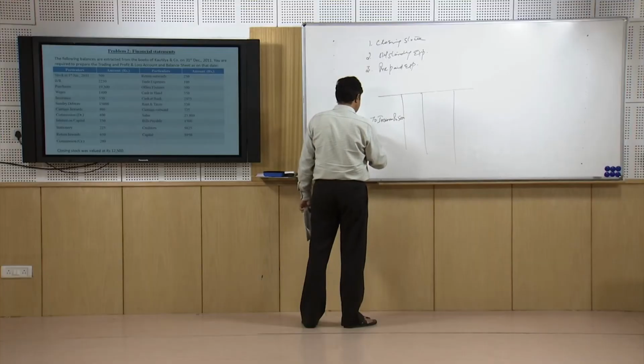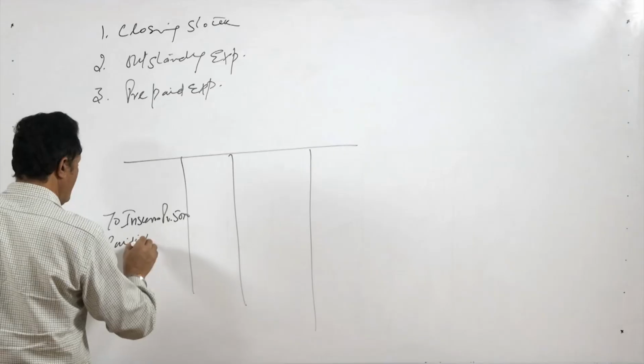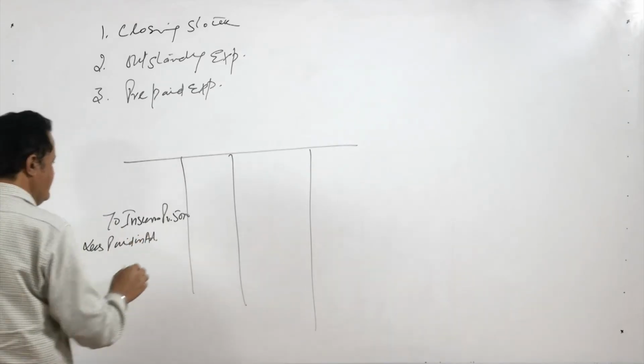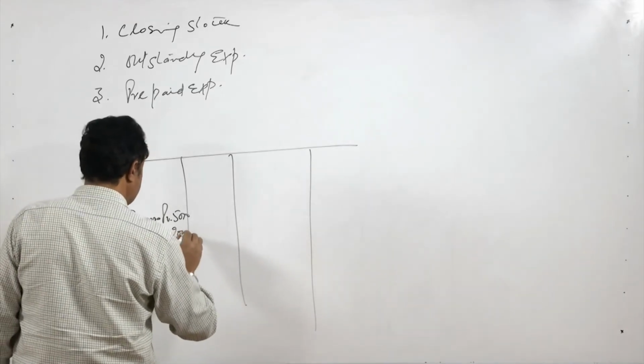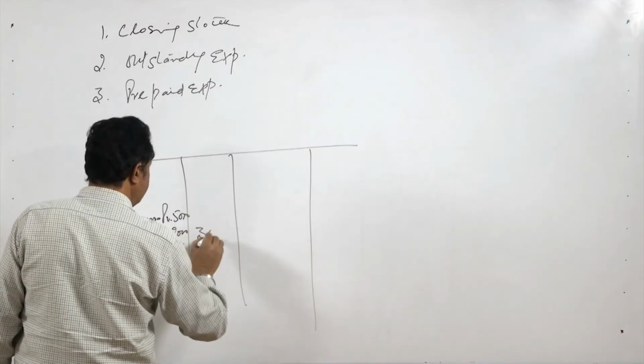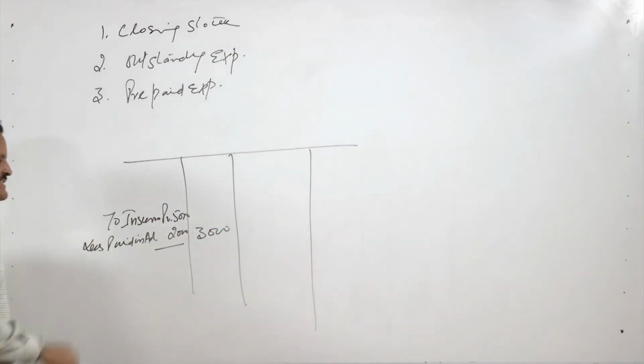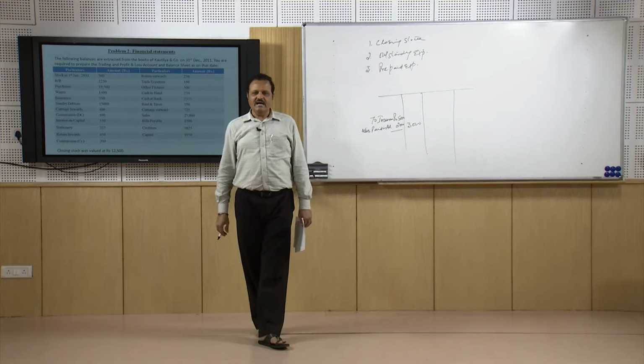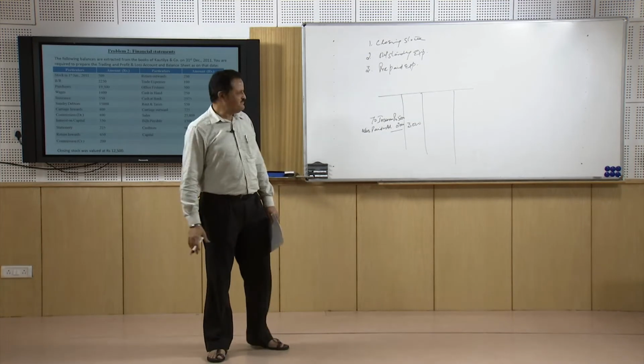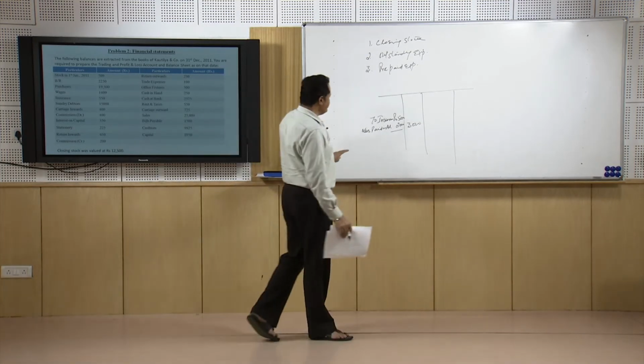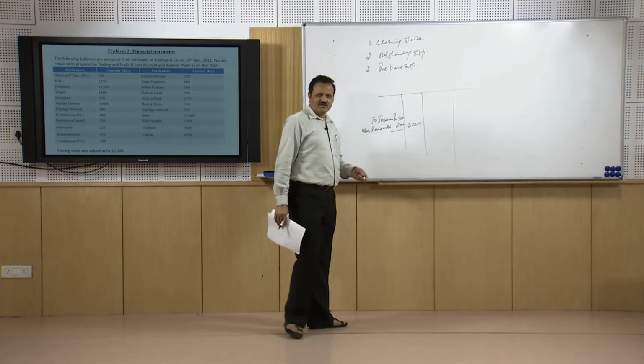Then less prepaid, which is 2000 rupees. So finally the figure of 3000 will come, and this 3000 rupees is valid only as the premium for the current year till the 31st December of this year.